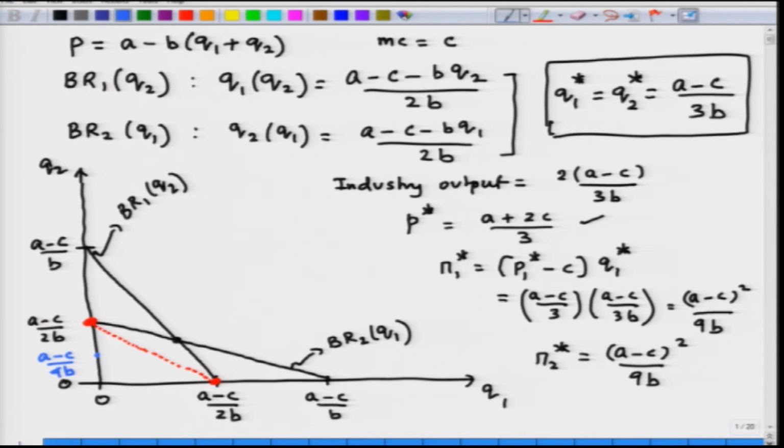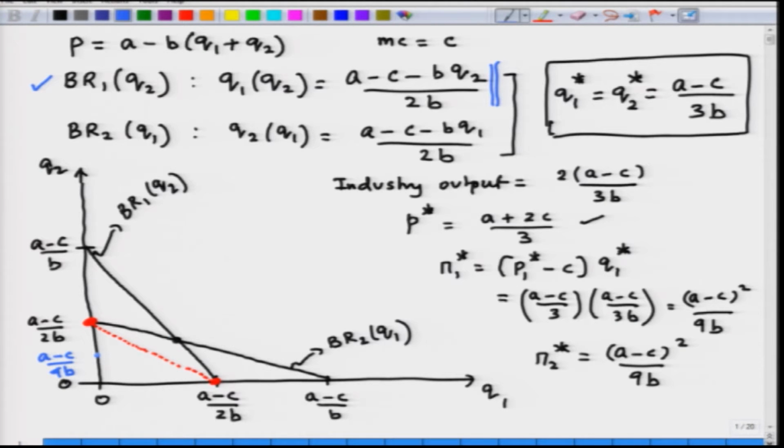We already know that the best response function for firm 1 is (A minus C minus B times Q2) by 2B. For each choice of Q2, firm 1 is going to choose its best response Q1 on this best response line.